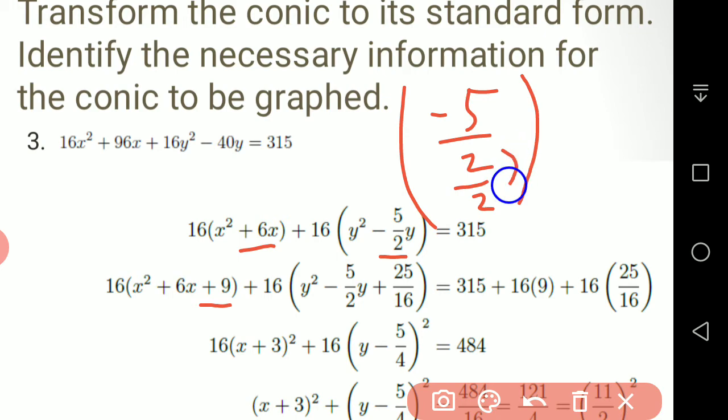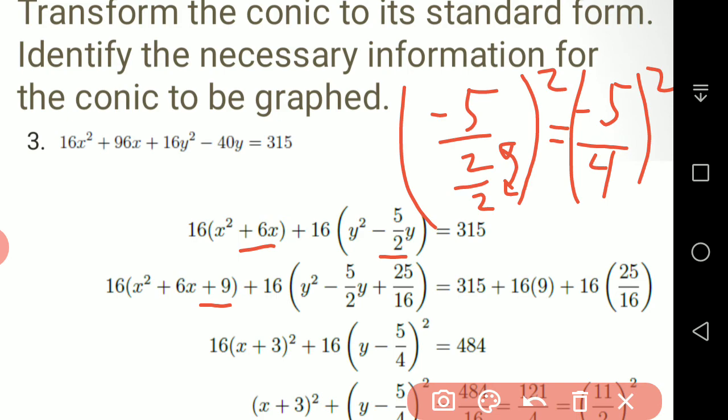When you are dividing continuously, you will notice that the denominators just multiply. So this is equal to negative 5 over 4. Remember to square it. We have positive 25 over 16.